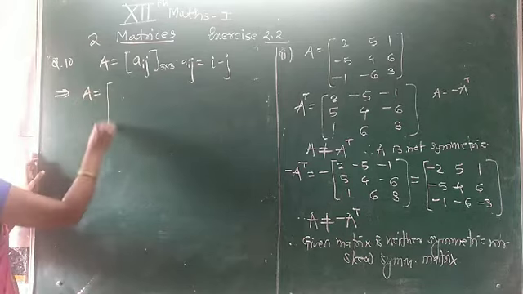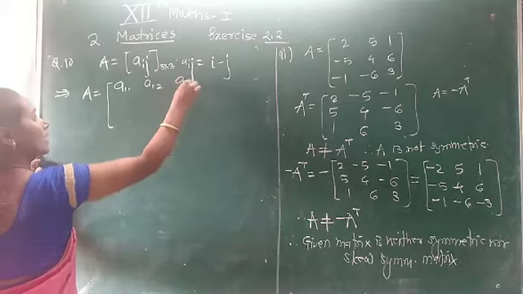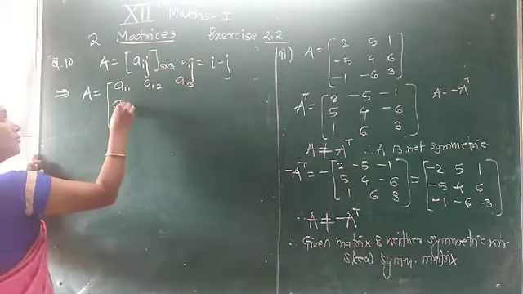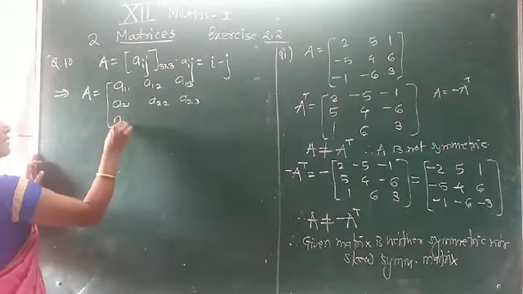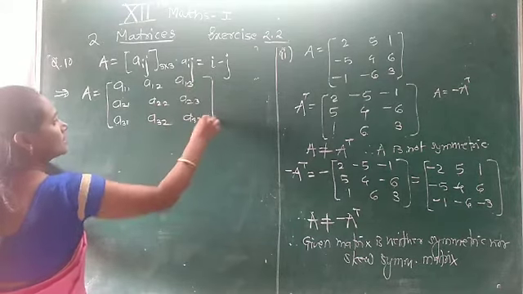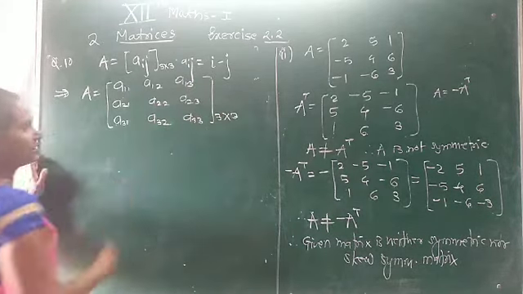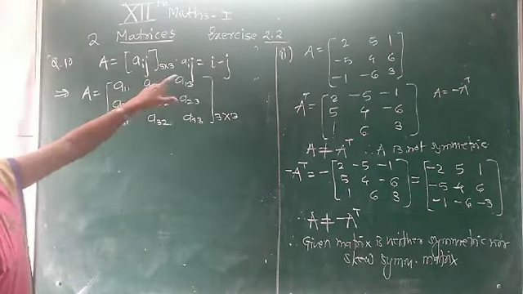Let A is equal to A11, A12, A13, A21, A22, A23, A31, A32, A33, which is a matrix of order 3. These are the elements in this matrix. We have to find this matrix by using this condition.